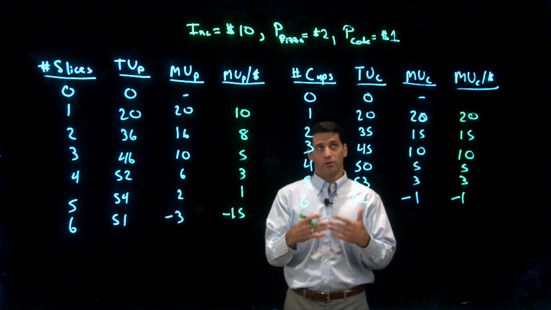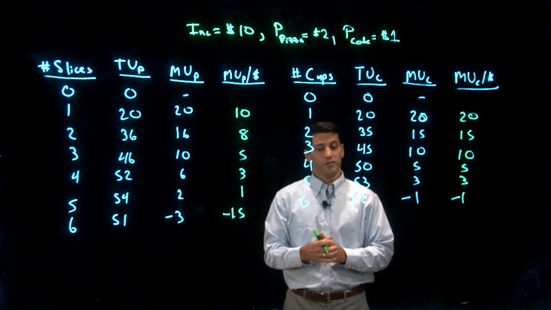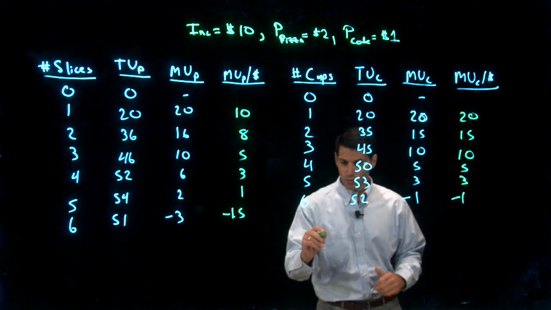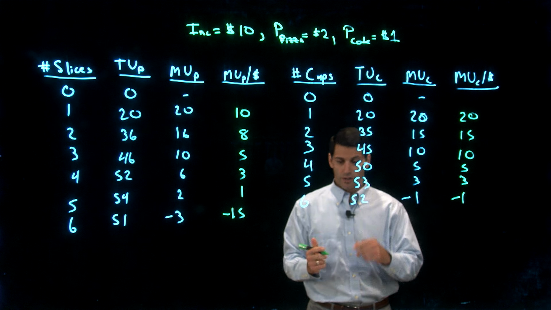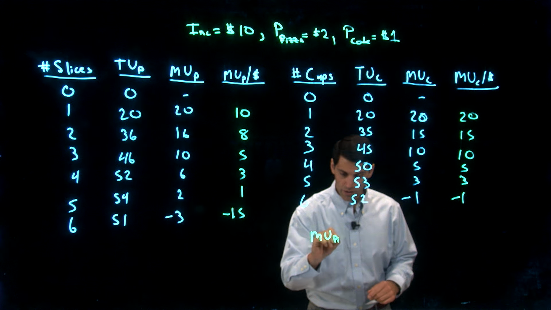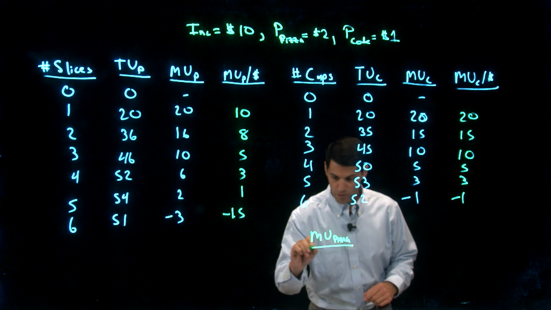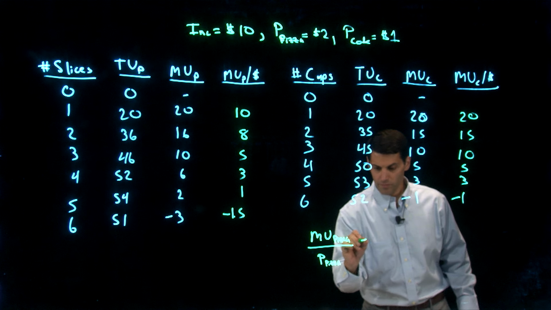Ultimately, our model of consumer choice tells us that consumers will choose the bundle, the combination of slices of pizza and cans of Coke, where the marginal utility per dollar spent on our 2 goods is equal.